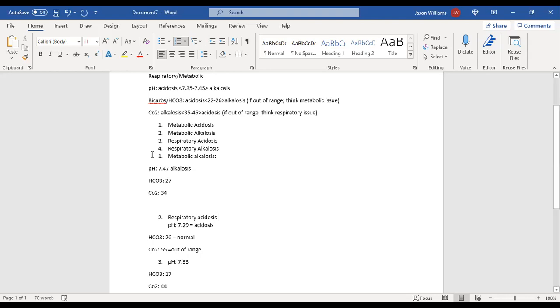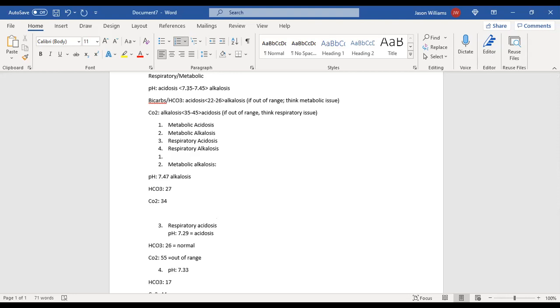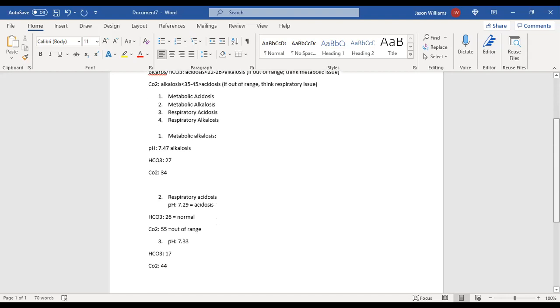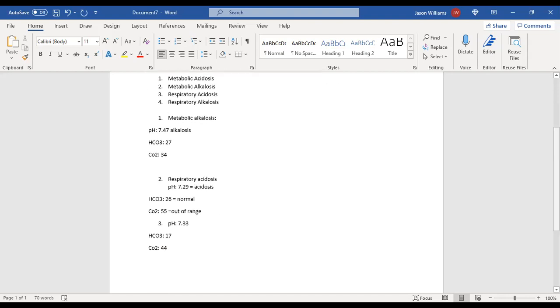Respiratory acidosis again? No, it's not. Respiratory alkalosis? Metabolic acidosis? Metabolic alkalosis?